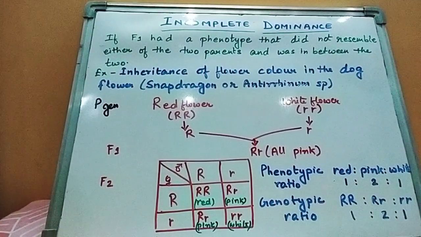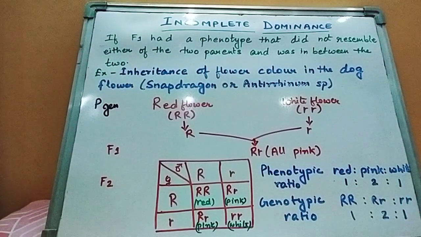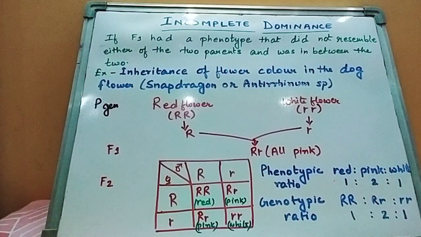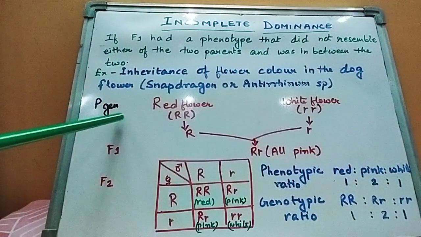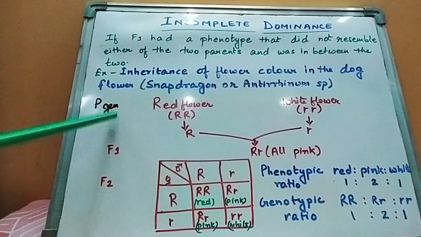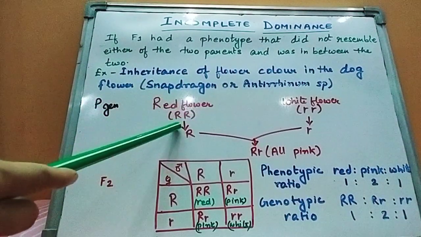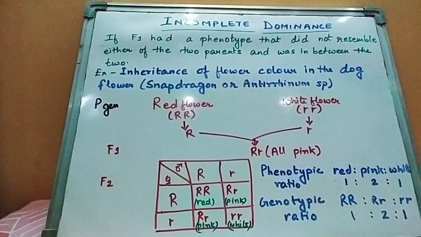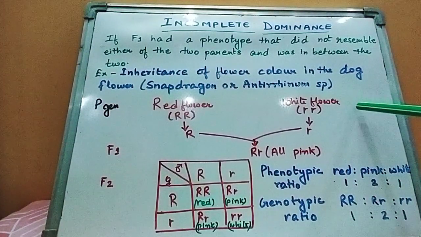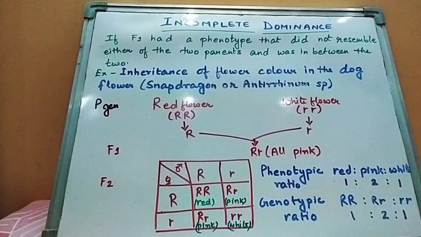The example is the inheritance of flower color in the dog flower, that is snapdragon or Antirrhinum species. In the parental generation, we have taken a red flower, capital R, that is homozygous, whereas the other one is a white flower, small r.